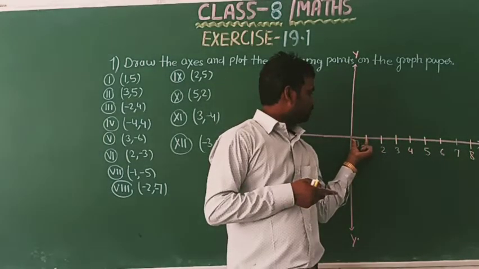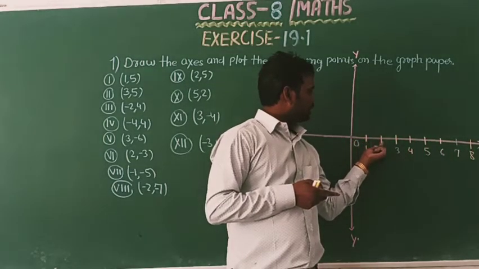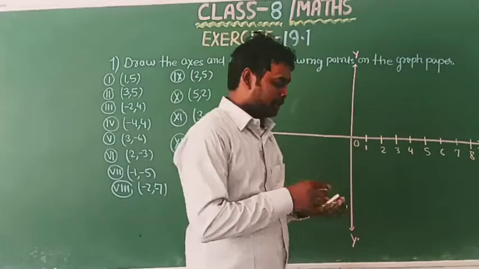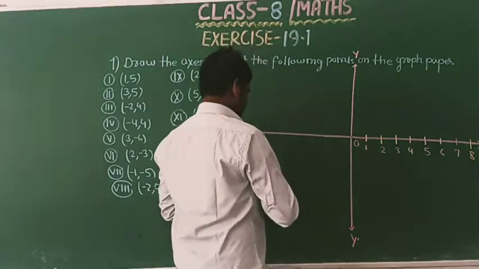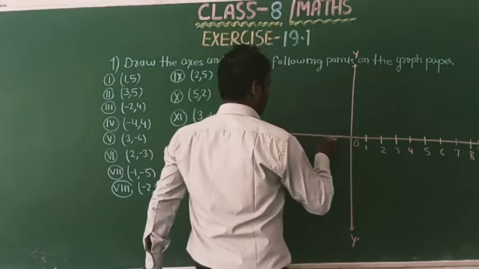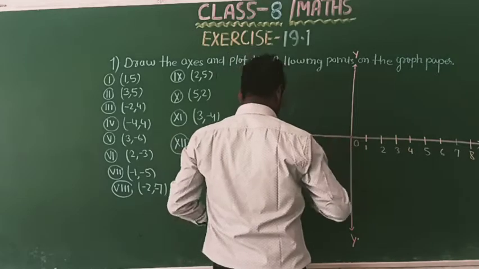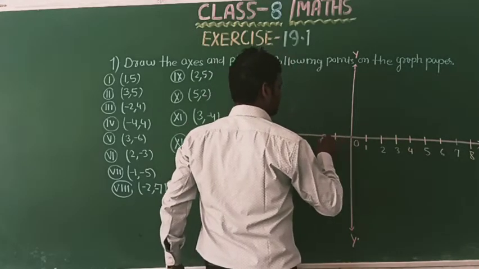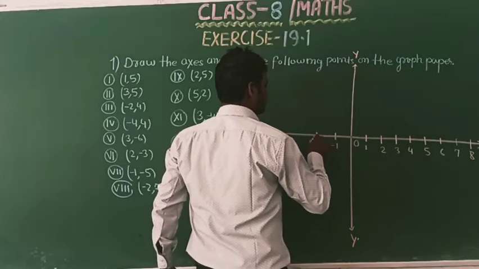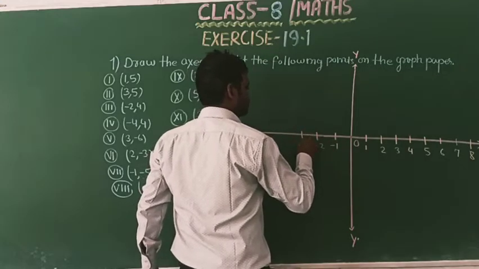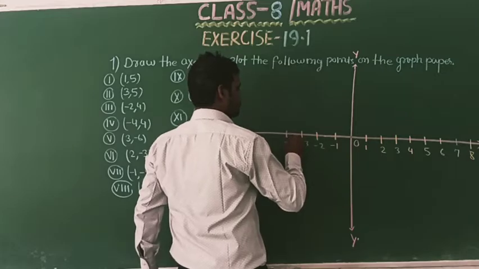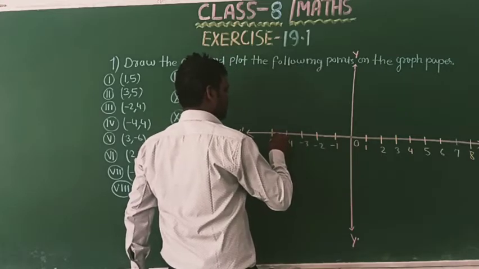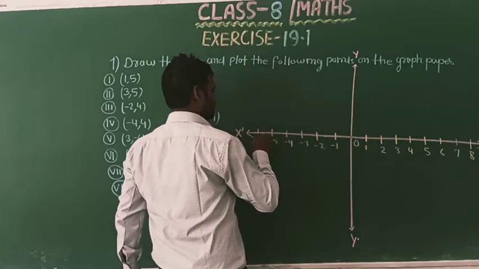So 1 square equals 1 unit, the second square 2, 3, 4, and similarly along OX dash, this is minus 1 unit, minus 2, minus 3, minus 4, minus 5, minus 6.